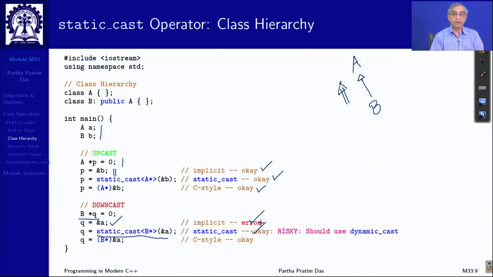Again, this is not recommended, because really when you are forcing this, you do not know whether there is enough information available in this source expression to evaluate the specialized object, the target expression. For this, we will discuss in the next module another special cast operator called dynamic cast. Obviously, C style casting will work, but not recommended to be used. So, to conclude, for related classes on the hierarchy, static cast should be used for doing upcast.